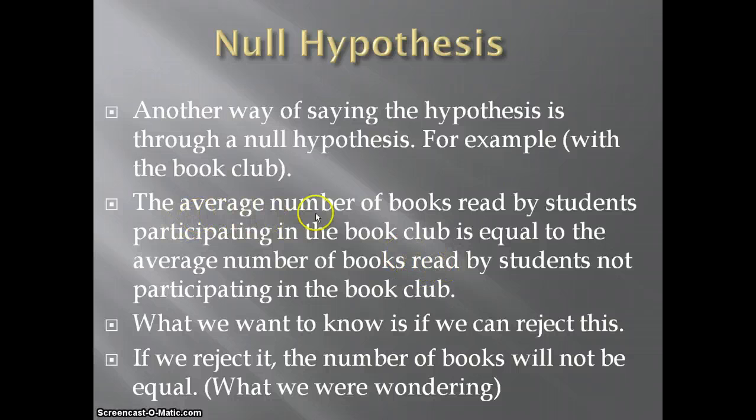So on this one, the average number of books read by students participating in the book club is equal to the average number of books read by students not participating in the book club. What we want to know with our research study is, can we reject this? Can we reject this statement where that's not equal anymore? Which would also make it a two-tailed test because we're not picking a direction with this. If we reject it, the number of books won't be equal, and that's what we were wondering.